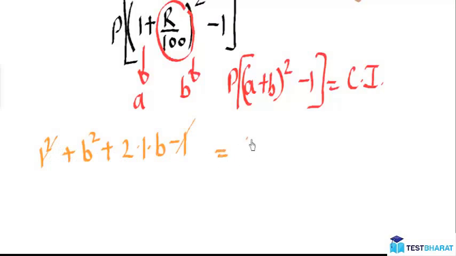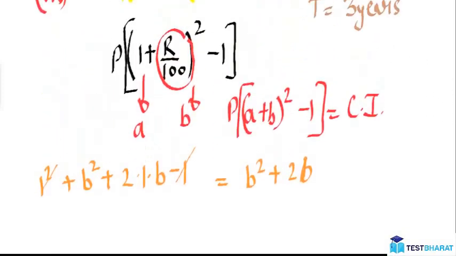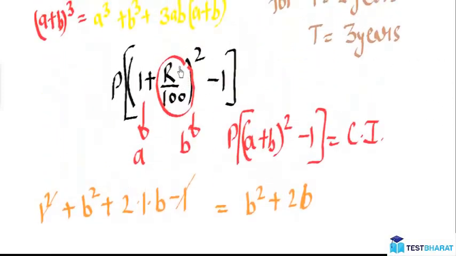What I'll get is b square plus 2b. So what is my b here? My b is r upon 100, that's what I have taken. Right, my b is r upon 100.